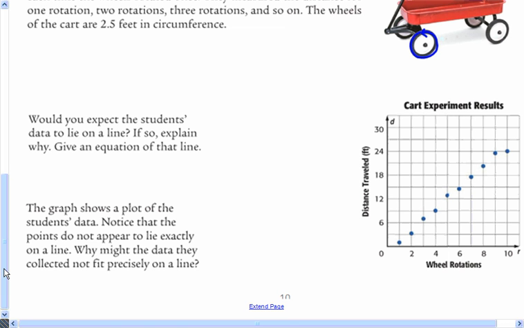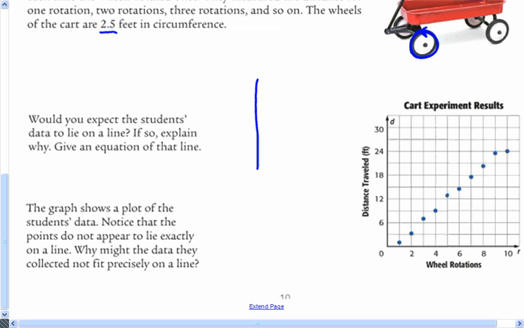In other words, whatever this distance around the wheel is, that's how far that wagon will go each rotation. And since we know that the wheels are 2.5 feet in circumference, that means there's 2.5 feet around. Each time a wheel goes around once, that cart should move 2.5 feet.